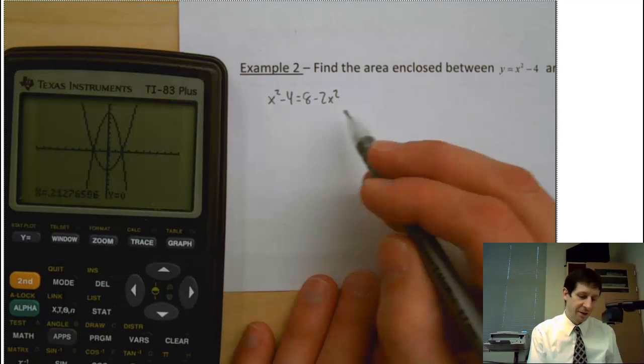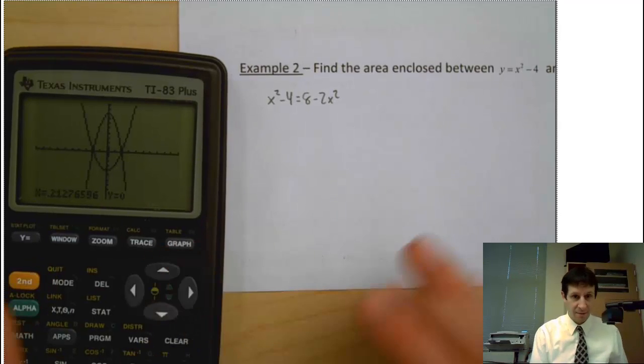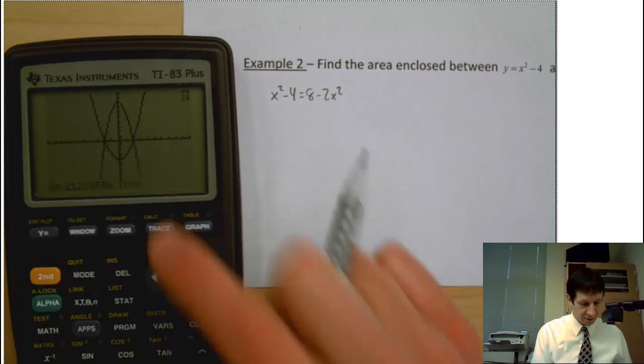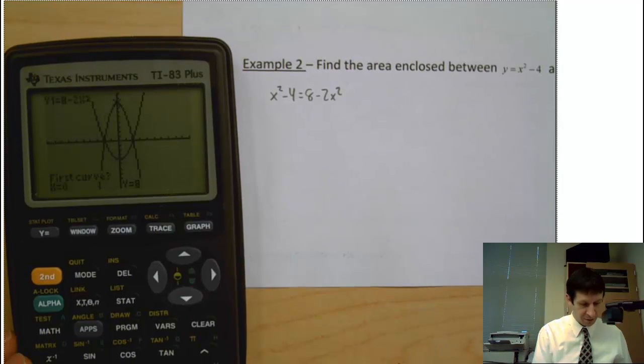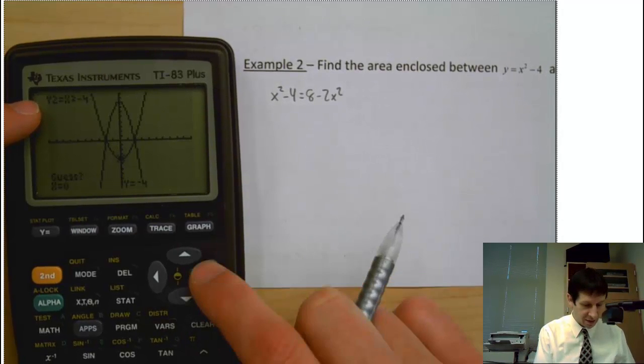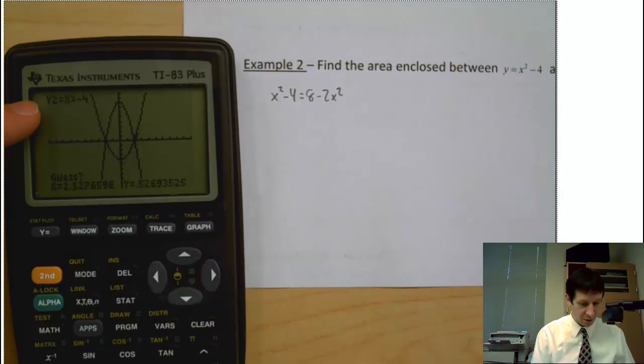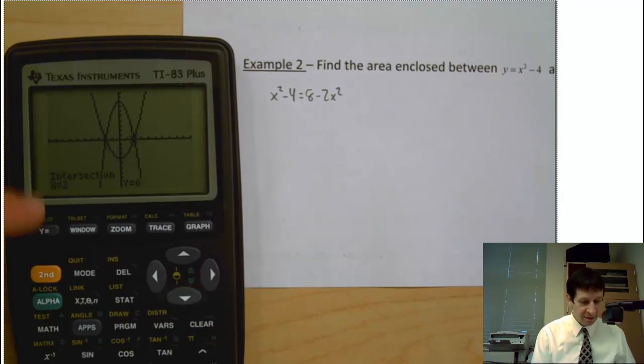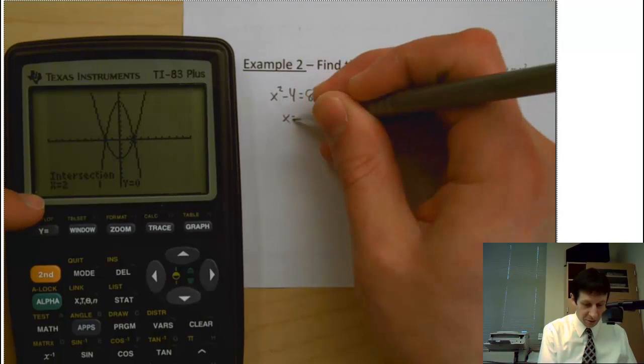This is something we could solve by hand, but let's do second calc and find the intersect. First curve, second curve, and it's going to ask for a guess. I'm just going to go somewhere close to one of them. Looks like we get x equals 2.